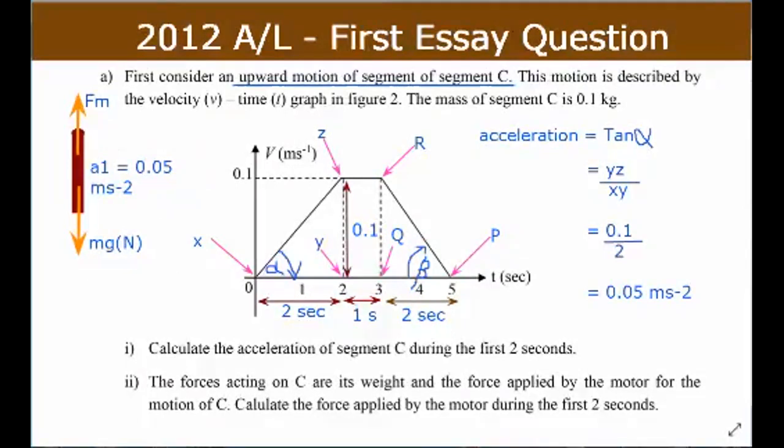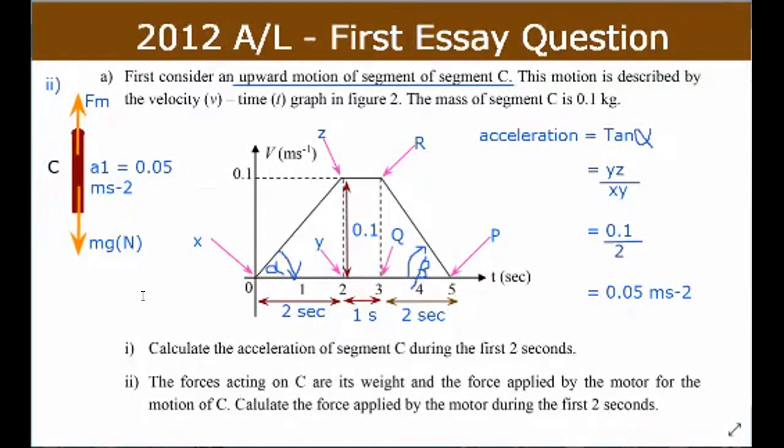I'm going to give you the answer for Roman number 2. For Roman number 2, I have drawn this figure. This is the segment C. So what should I do to find the force given by the motor?